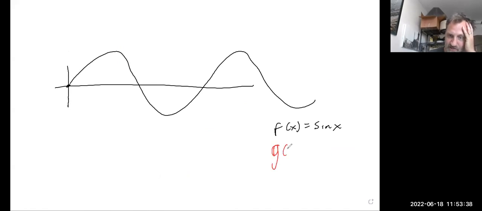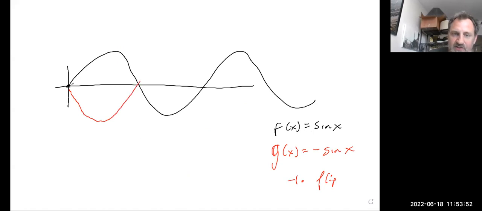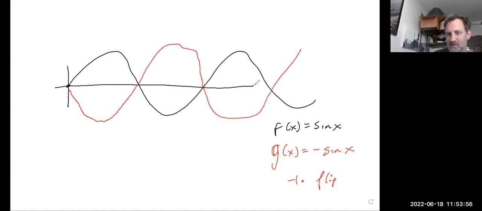Then let's say g of x equals negative sine x. So what happens? Well, we know that multiplying by -1 is a flip. Since this is an outside thing, it's a vertical flip. So this is going to be the impact of having that -1 be there. So this is g of x, and this is f of x.